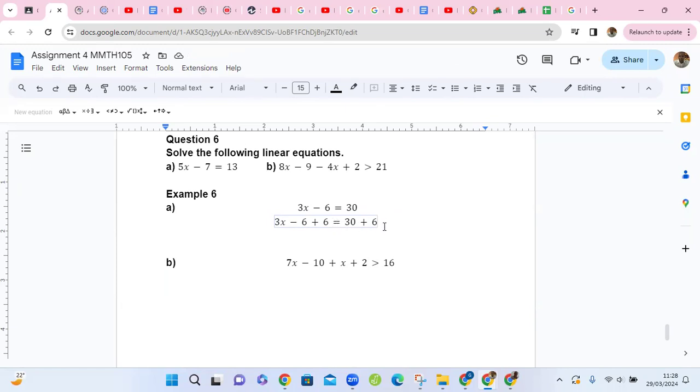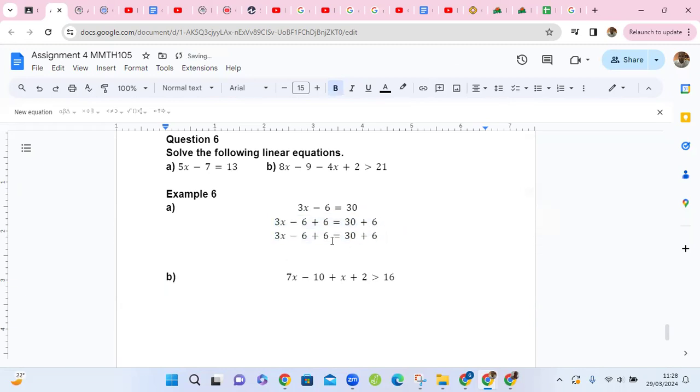So therefore now, -6 has been cancelled out from the left side. And on the right side now, you've got a new number, which is 36. Because 30 plus 6 is 36.